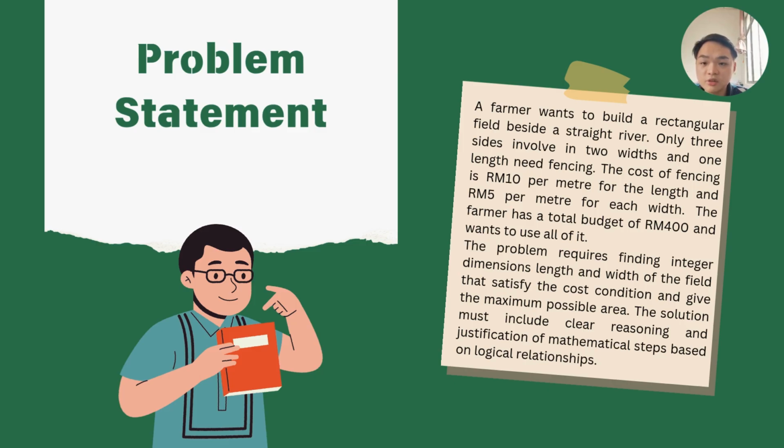The farmer has a total budget of 400 ringgit Malaysia and wants to use all of it. The problem requires finding integer dimensions, length and width, for the field that satisfy the cost condition and give the maximum possible area. The solution must include clear reasoning and justification of mathematical steps based on logical relationships.